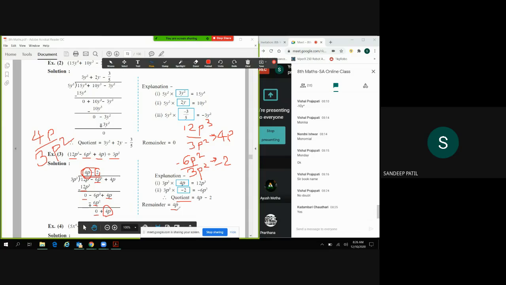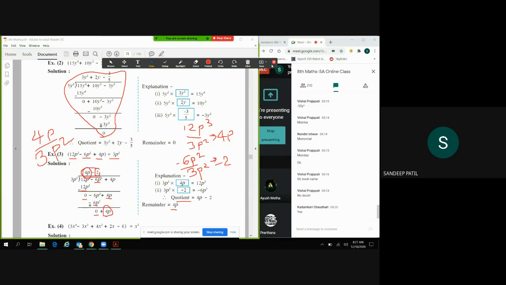Till now, we were carrying out divisions where the remainder was 0, but there are chances that the remainder may be a non-zero value, like 4p.